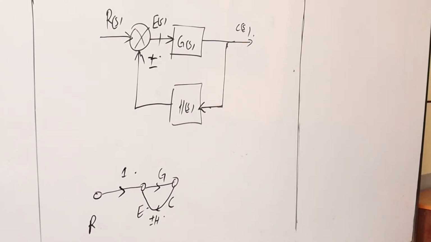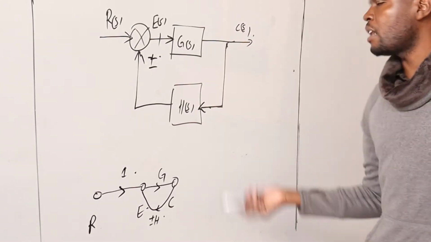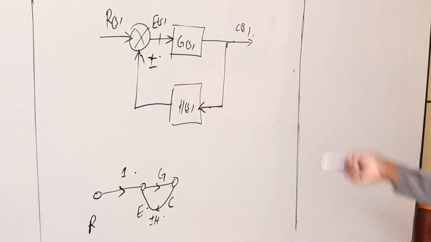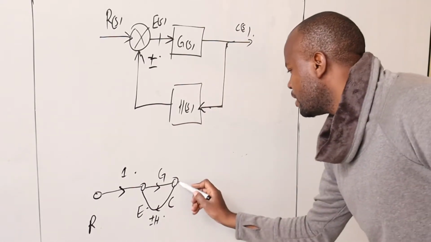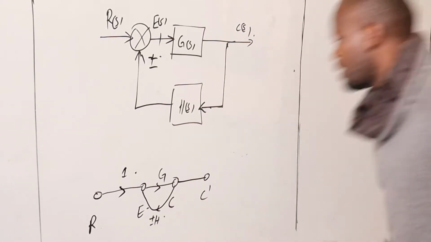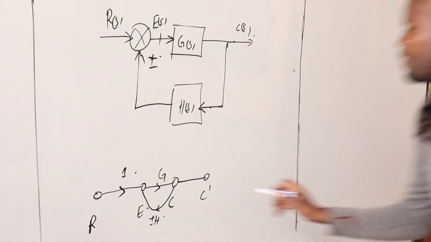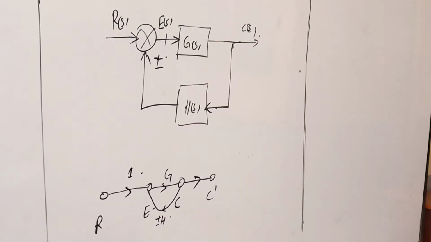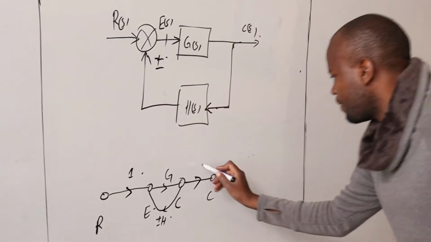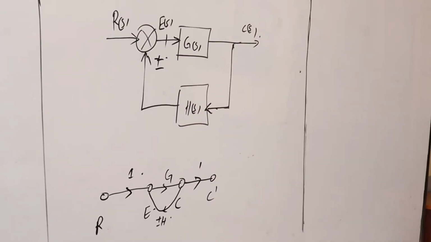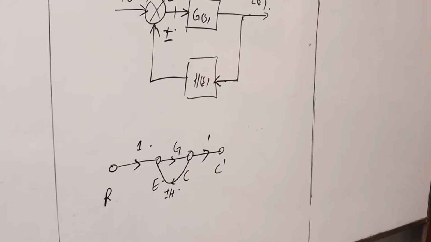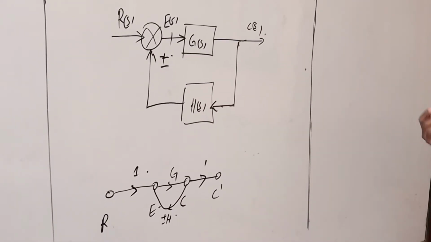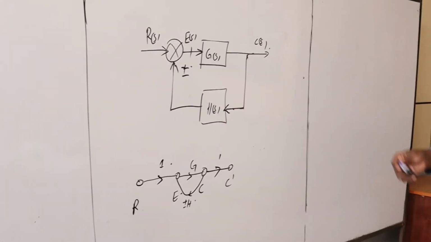That is to ensure that we come up with what we refer to as the perfect sink, and the perfect sink is just an output node that has no outgoing signal, so that we can have C prime there. Again, the perfect sink, just like the summing point, usually has a gain of 1, and therefore from there we shall have constructed a signal flow graph from a block diagram.